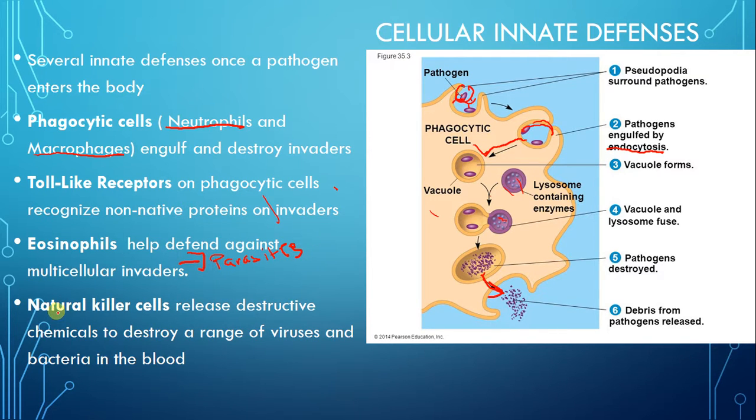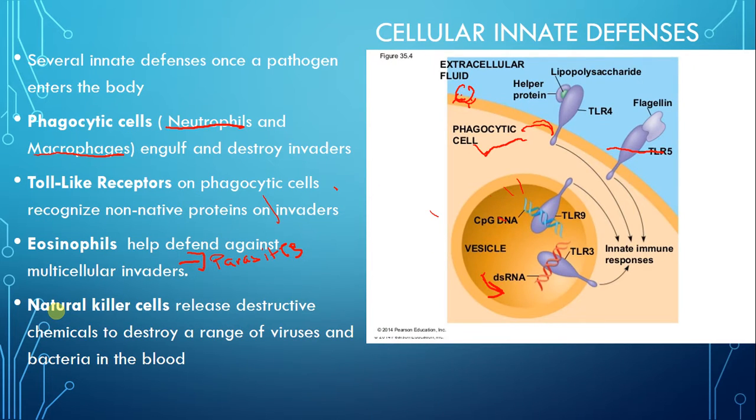And last, natural killer cells circulate in your blood and release destructive chemicals to destroy a wide range of viruses and bacteria. When they are activated, or their receptors bind to viruses or foreign bacteria, they release a host of chemicals that circulate in your blood and then destroy those foreign pathogens.